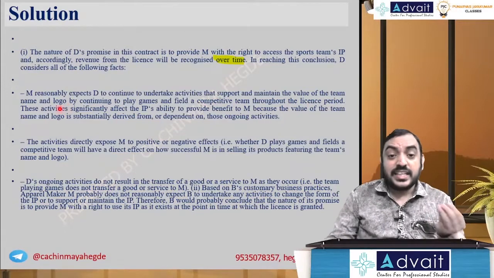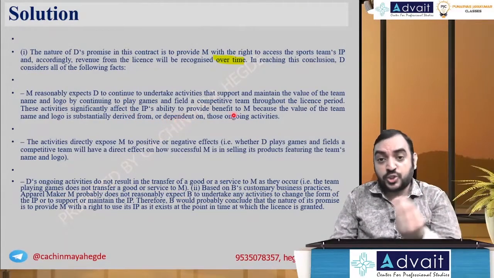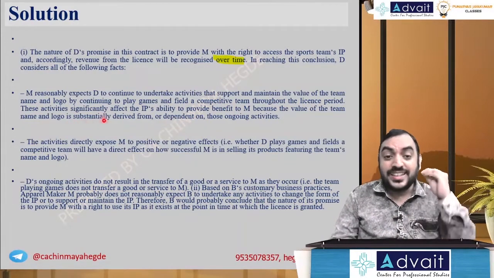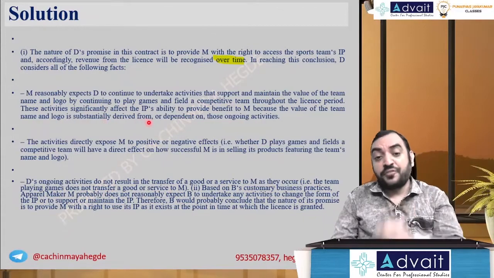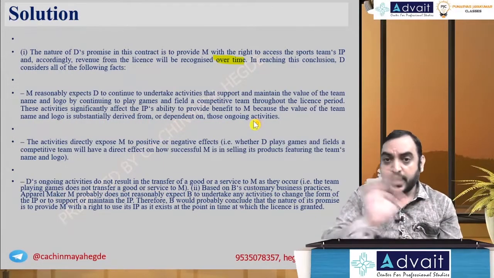These activities significantly affect D's ability to provide the benefits to M because the value of the team name and logo is substantially derived from or dependent on ongoing activities. They are highly correlated.